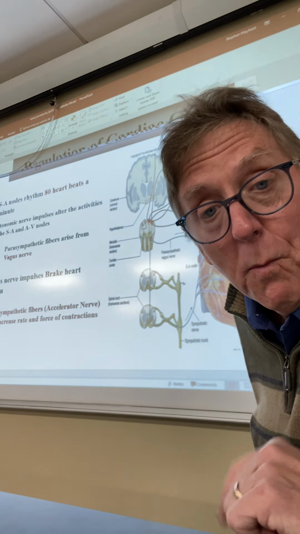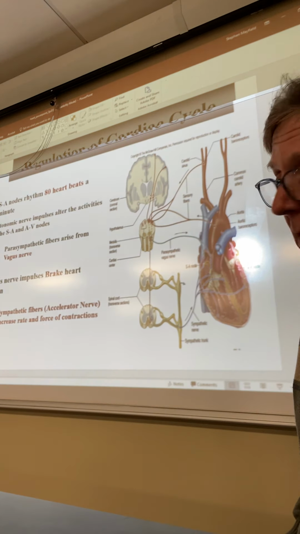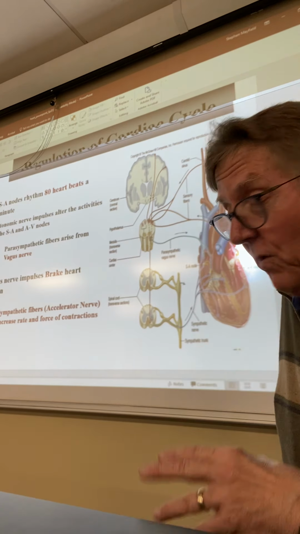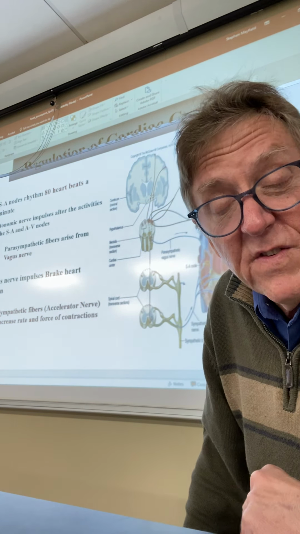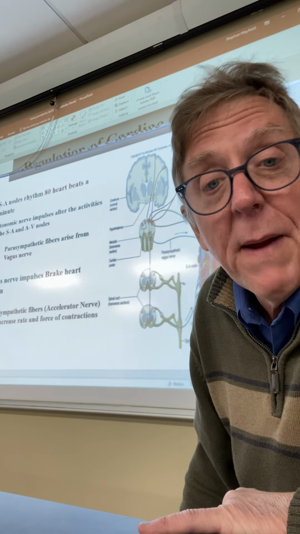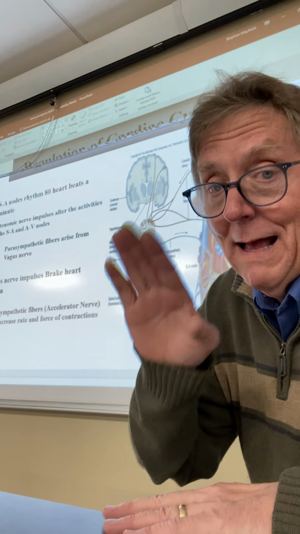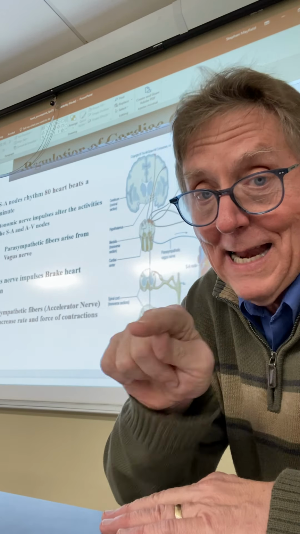And so we have what we call baroreceptors. These are stretch detectors present in the heart muscle, and when we get too much stress, what does it do? It tells the autonomic nervous system, and the parasympathetic division says, ha, ha, we've got to settle down, young man. You're getting out of hand.